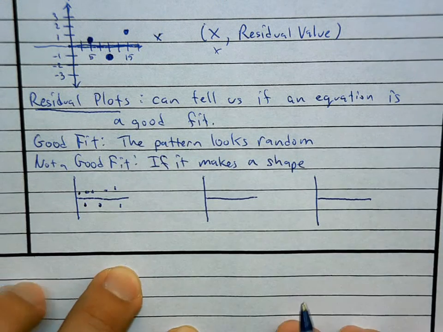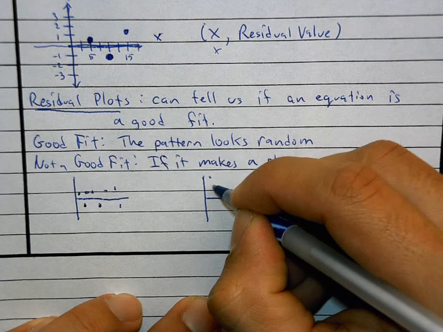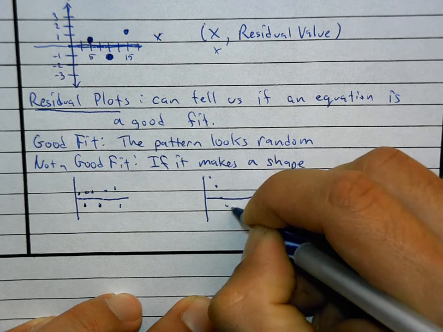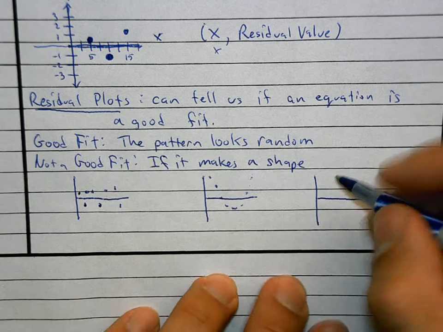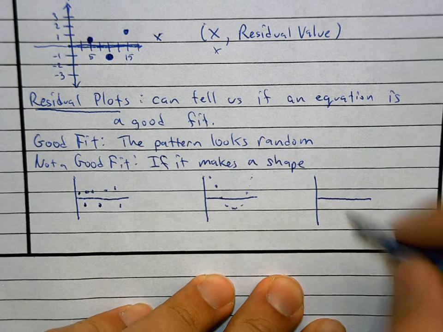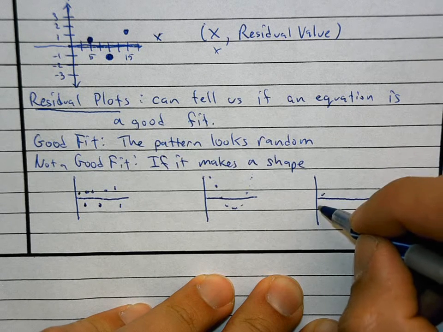You might get a graph that looks like this. You might get a residual that looks like this.